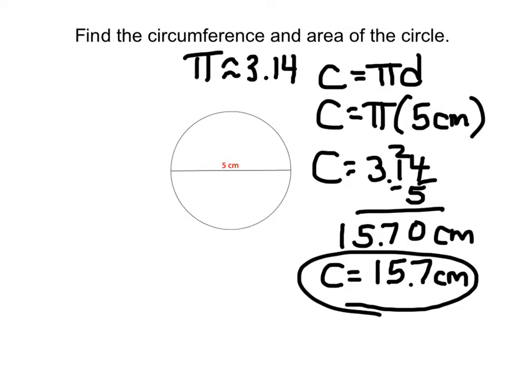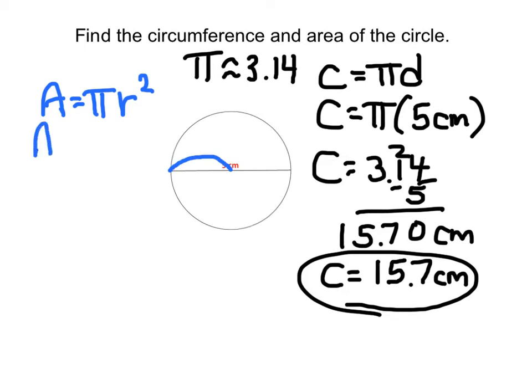All right, now let's calculate area. Area is equal to pi times the radius squared. All right, so what's the radius of this circle? That's right, it's 2.5, because remember, radius is just halfway across.